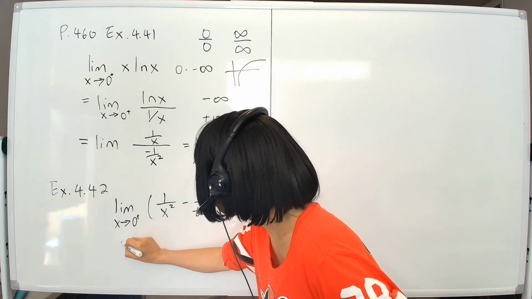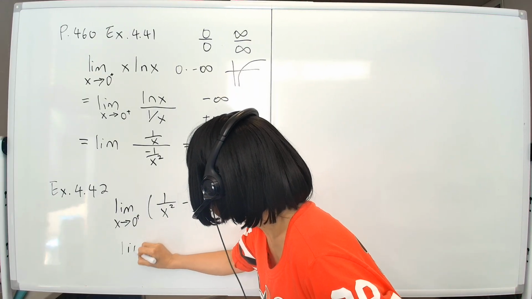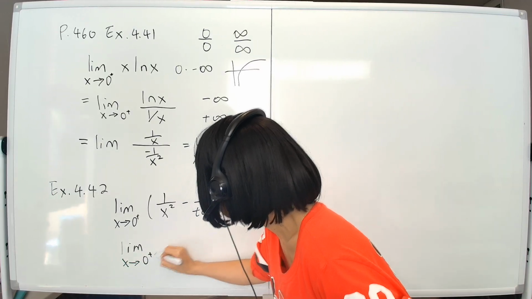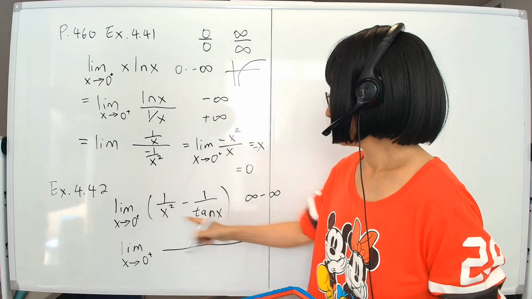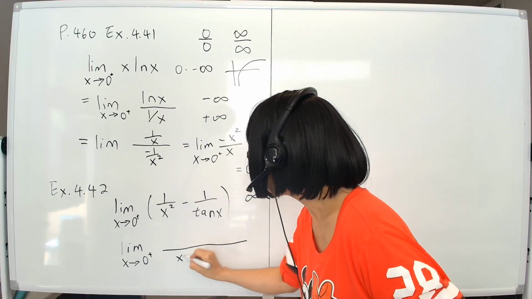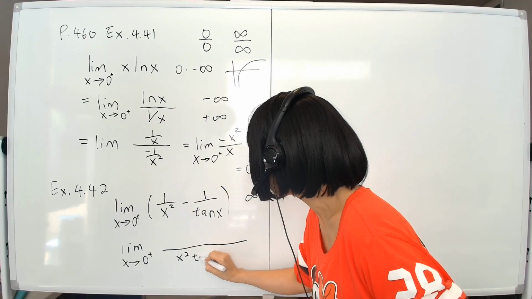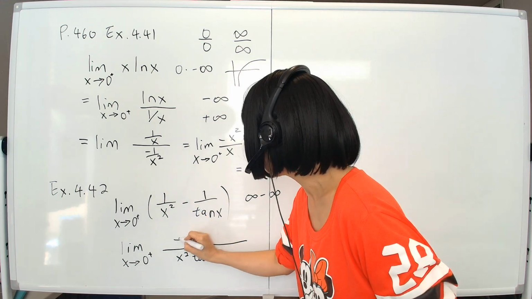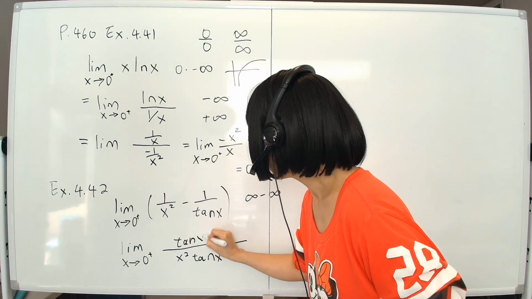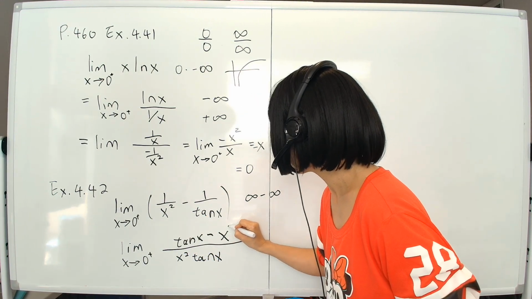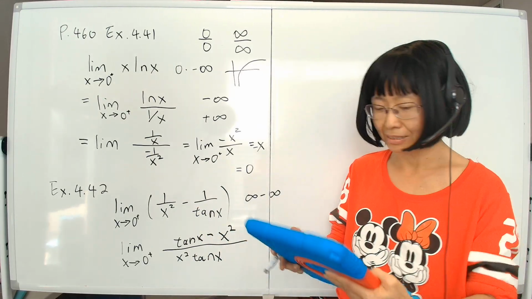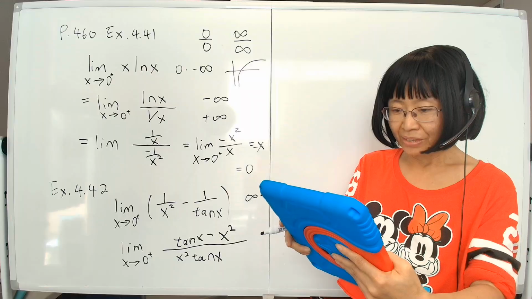Forcing it into a common denominator, we have multiplying the bottom together, x squared tangent x. And the top becomes 1 times tangent x minus x squared. That's just the basic rule. So let's move along.